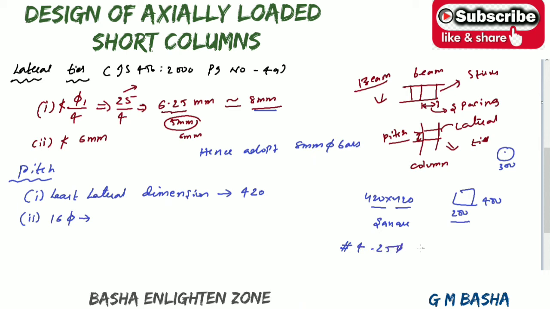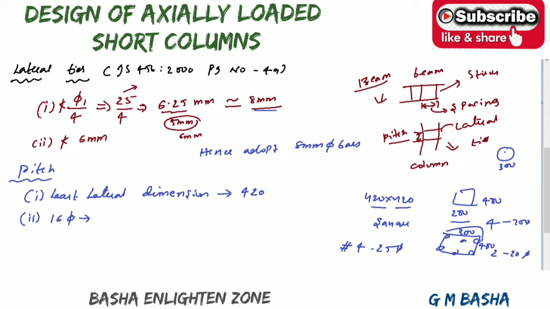Sometimes, for example in some rectangular columns of size 300 by 400, somebody will provide 4 bars of 25 dia and 2 bars of 20 dia. At that time, what is the condition here?